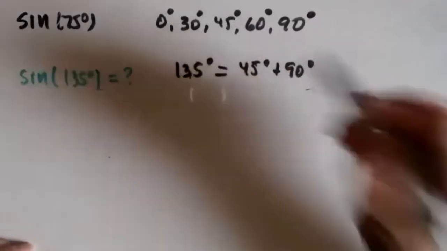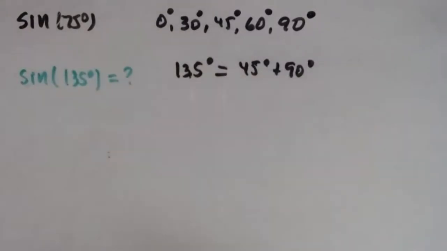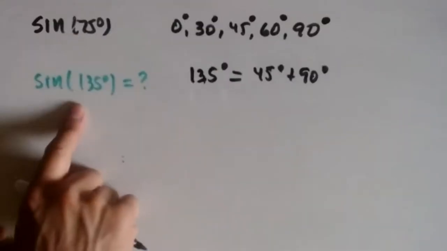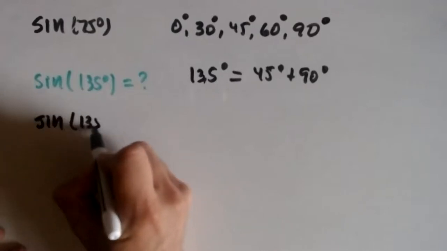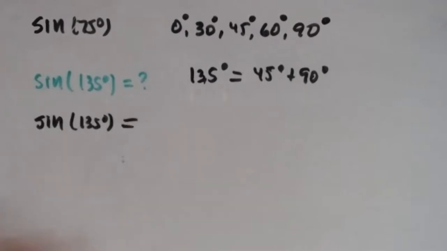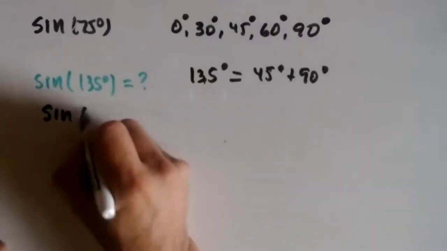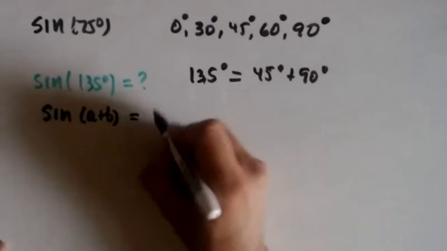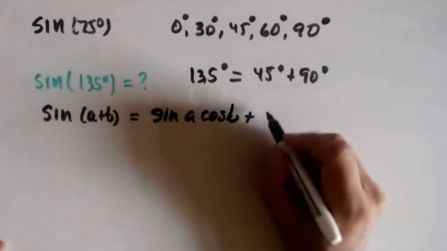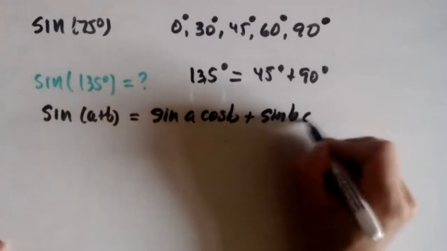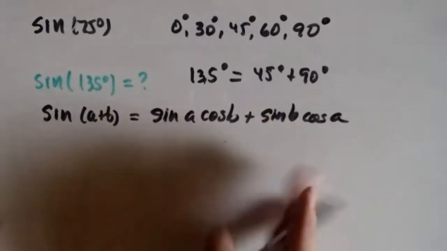It's very simple, right? Okay, let me just now compute this thing. So sine of 135, well, let me just write the formula again. So sine of A plus B equals sine A cosine B plus sine B cosine A, right? This is my formula.